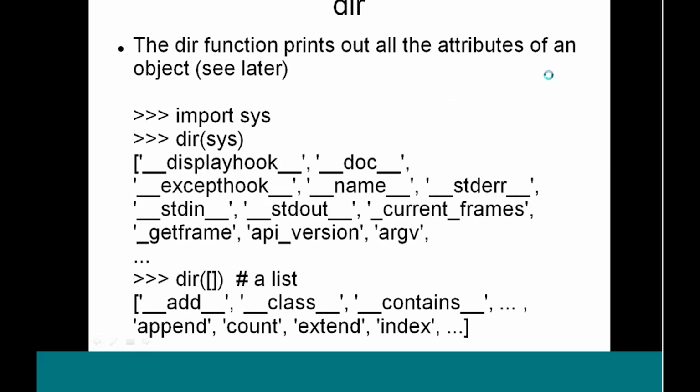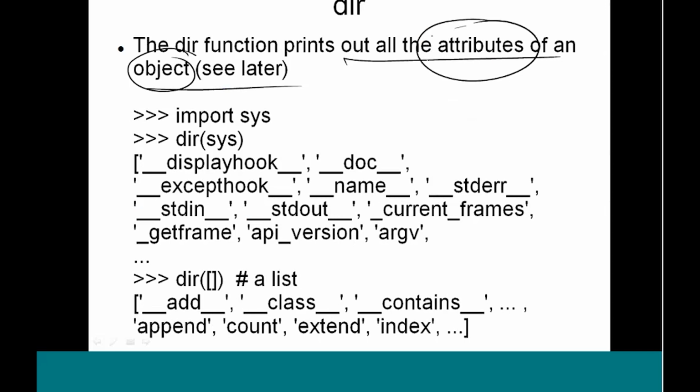The dir function essentially prints out all the attributes of an object. These objects and attributes we will study later when we talk about the class and the class libraries. But just think about it: if you have some object, we can just use dir to report all its attributes. For example, here we are importing sys.